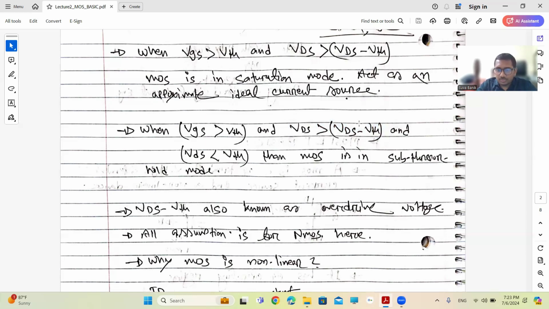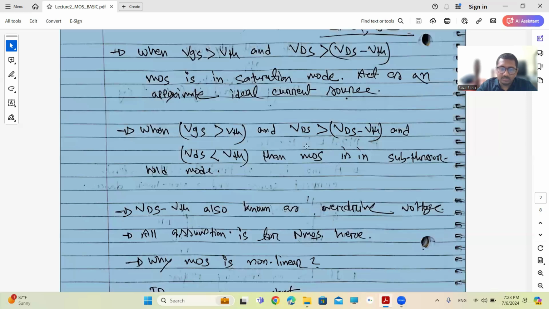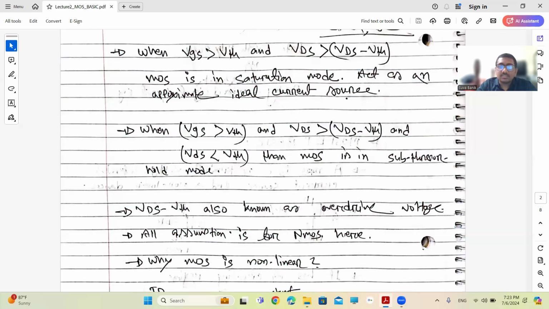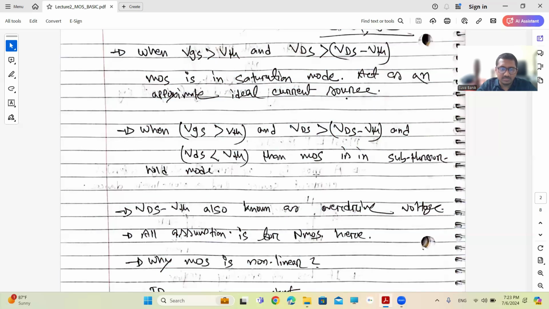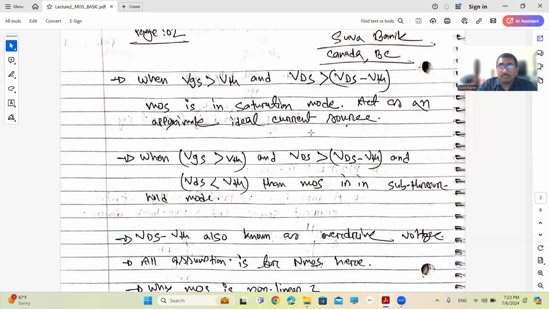If you assume some numerical values, you can see that this term will be negative. So in this region it is called sub-threshold mode. Although it's not important, sometimes designers operate in this region to save power consumption. But most of the time in industry, we prefer to keep the transistor in saturation mode, so we are more interested in saturation mode.